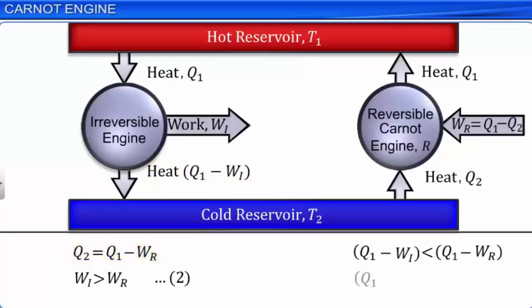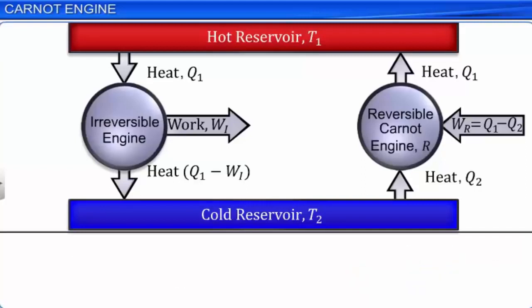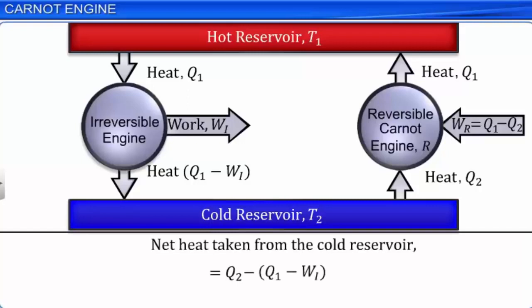Since Q2 is greater than Q1 minus Wi, the net heat taken from the cold reservoir is Q2 minus Q1 minus Wi. On substituting the values of Q2 and on further simplification, the net heat taken out of the cold reservoir is equal to Wi minus Wr.